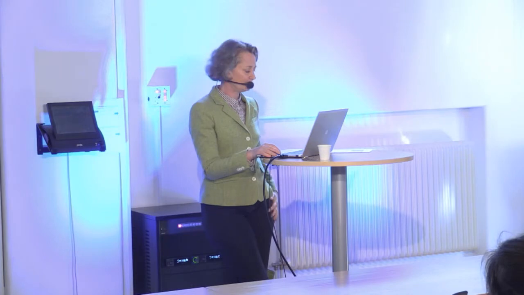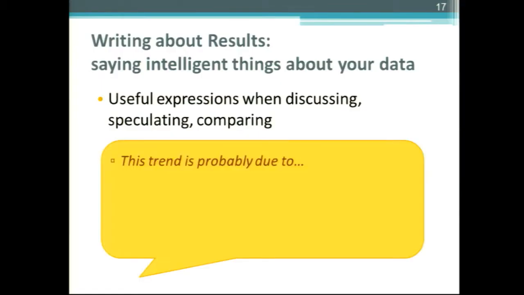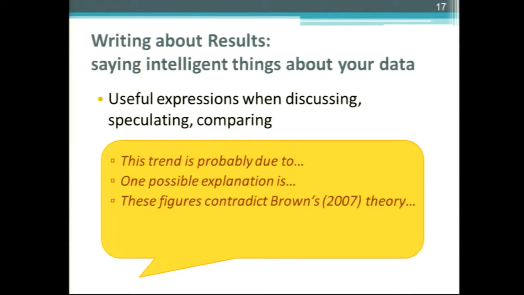So we want to say intelligent things about our data in our results sections. And here are a few expressions that you can use in English. Things like, this trend is probably due to, or one possible explanation is, or these figures contradict Brown's 2007 theory.